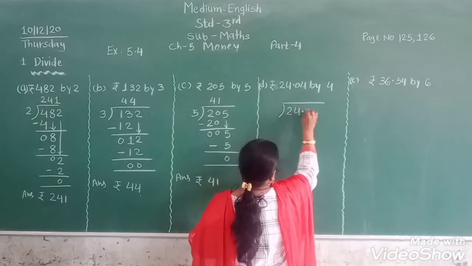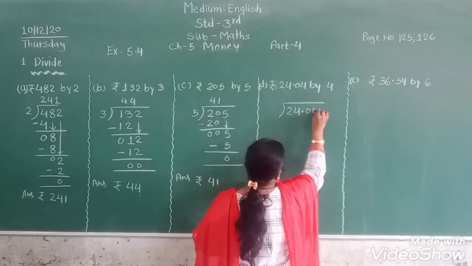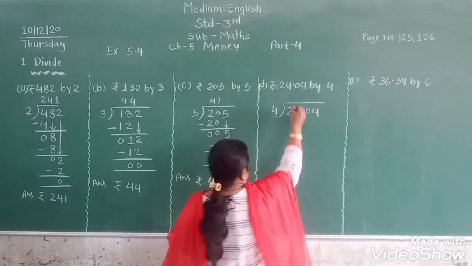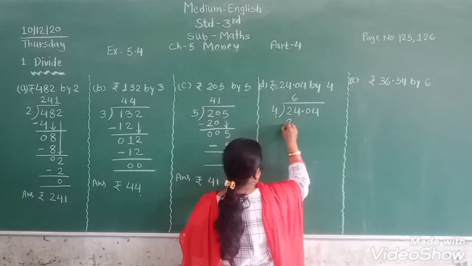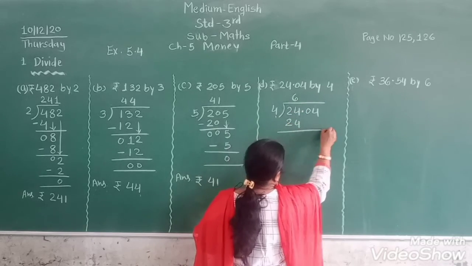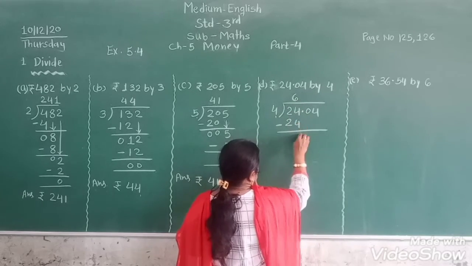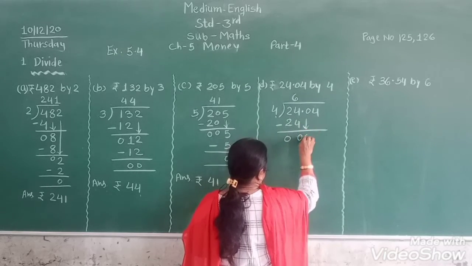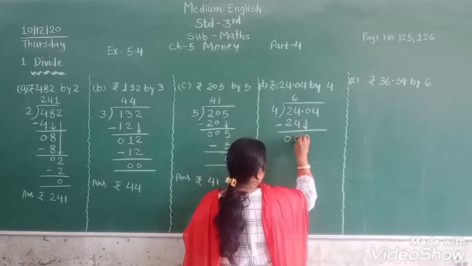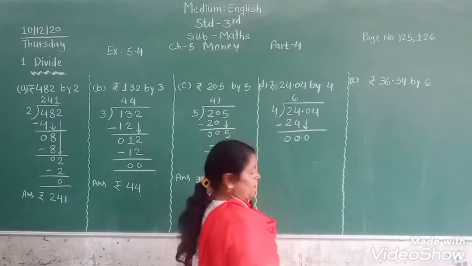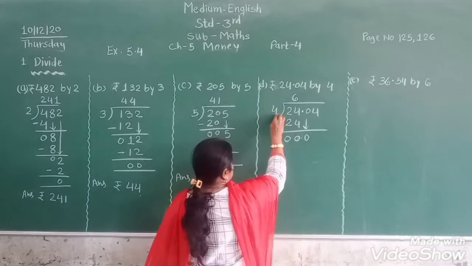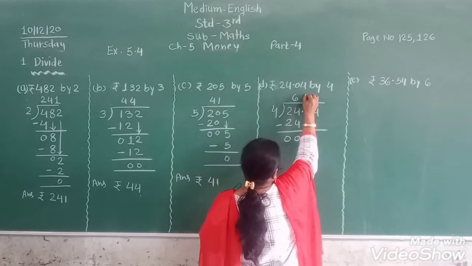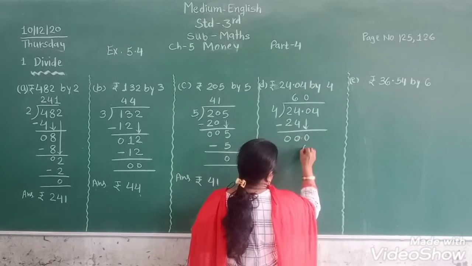Okay. D number, rupees 24 and paise 4. 24 rupees 4 paise divided by 4. 4 6s are 24. Now 4 minus 4, 0. 2 minus 2, 0. Bring down 0. Okay. We cannot divide 0, so we put down 0 here.